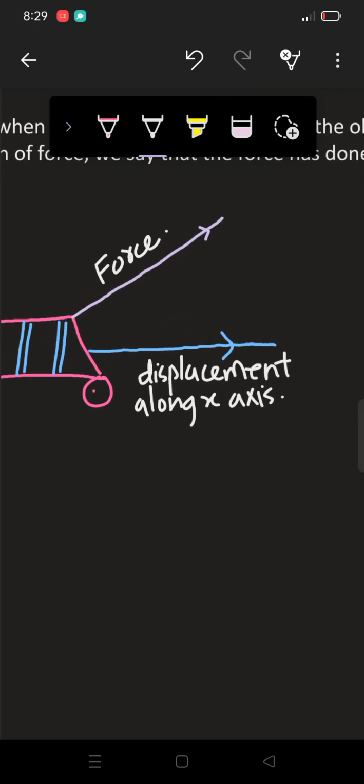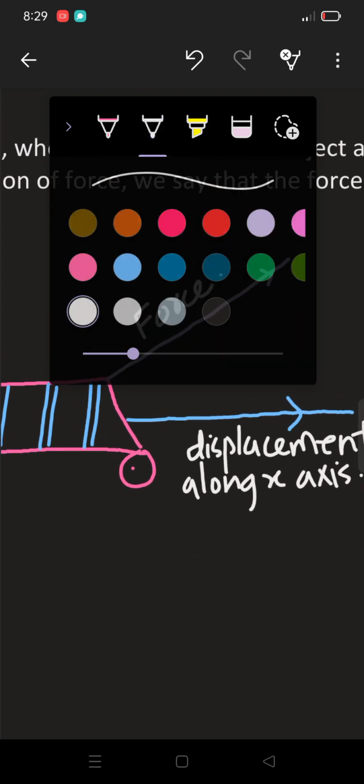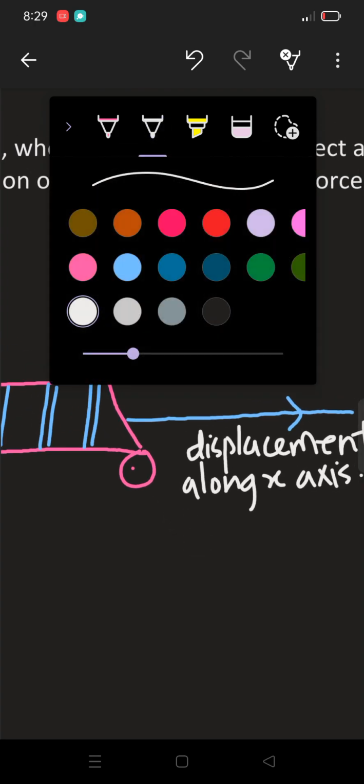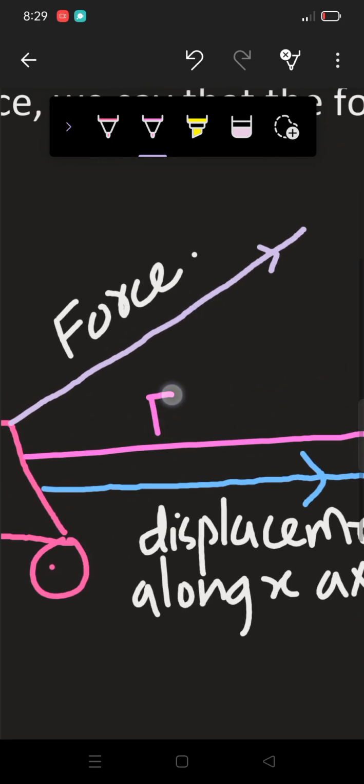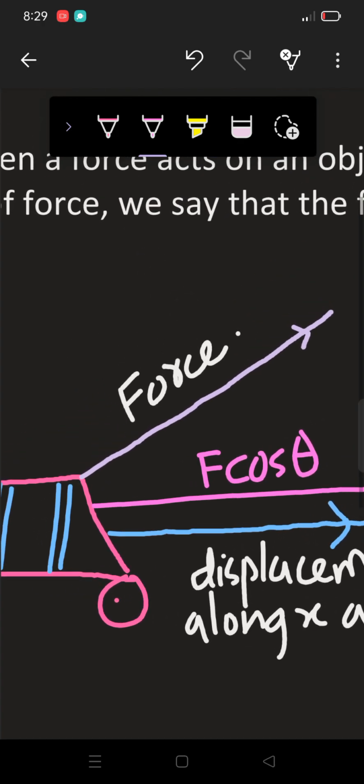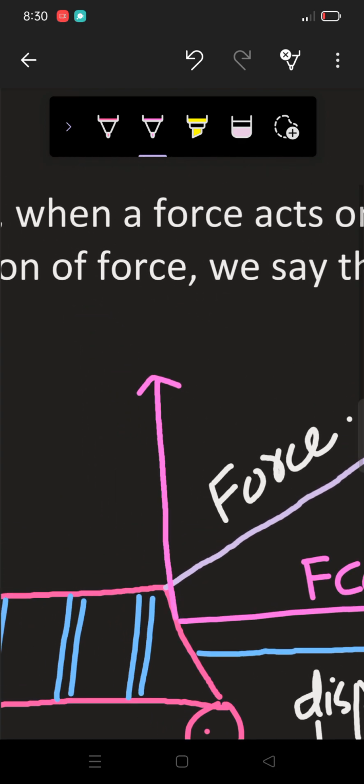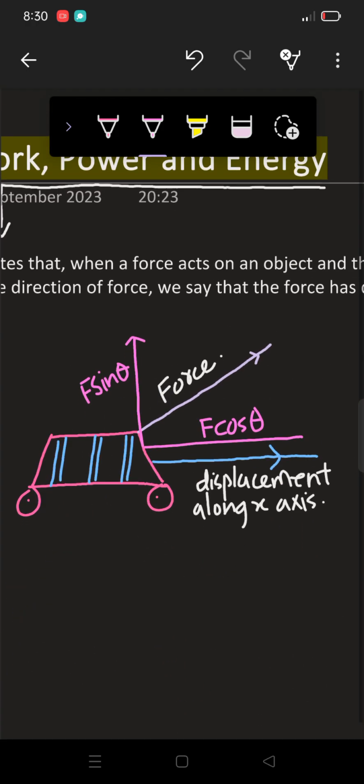It can make two components. One component would be here, known as f cos theta, since it is in the direction of the x-axis. And one component would be here, f sine theta, since this is in the direction of the y-axis.